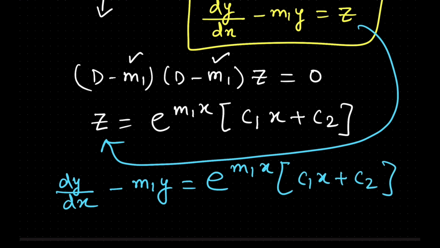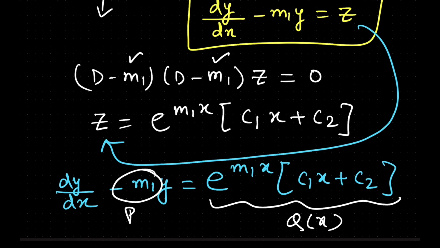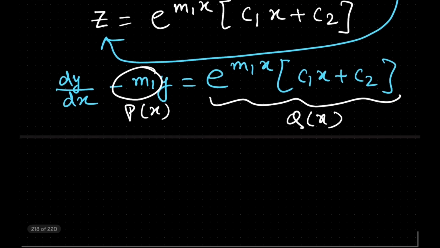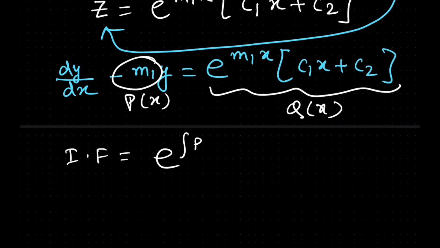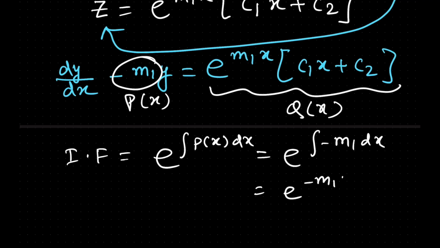Again this is our linear differential equation, just like the previous case. This is our Q term and this is our P term. So we will similarly find the integrating factor, e to the power of integration of P dx. Our P is minus m1, so e to the power of integration of minus m1 dx. So you will get e to the power of minus m1 x.